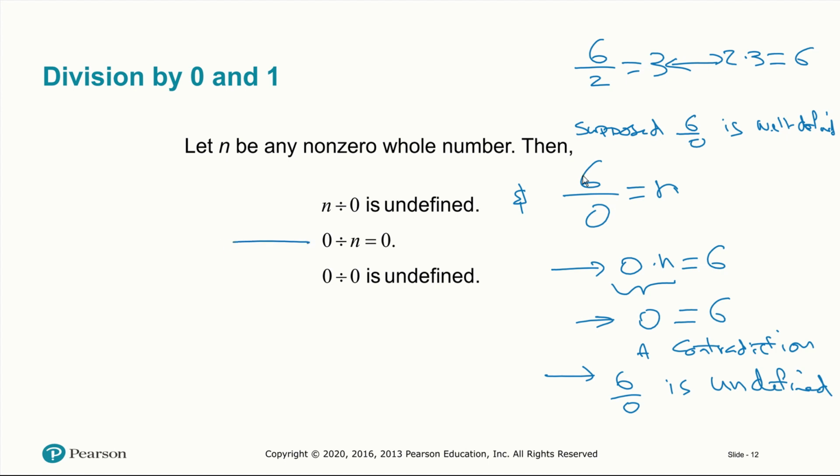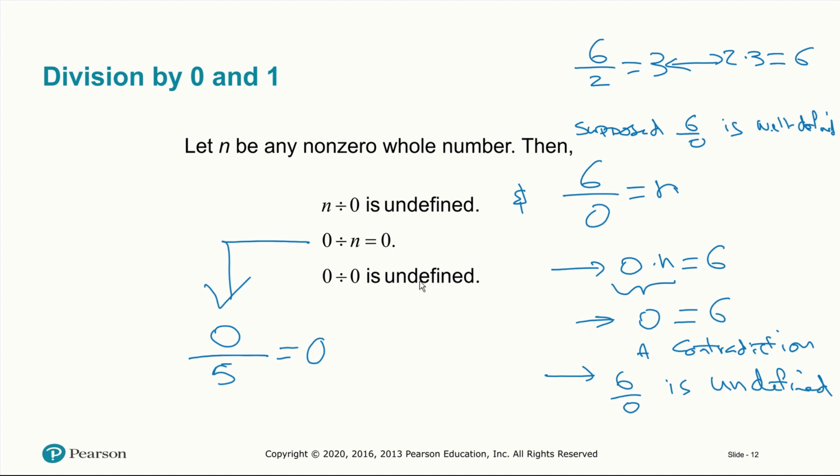Dividing 0 is no problem, as long as you're not dividing by 0 again, because remember, 0 divided by 0 is undefined as well. So 0 divided by 5: I have absolutely no money in my pocket. I have $0, and I want to split that evenly between 5 friends. Can I? Sure. I'm going to give them $0 each, right?